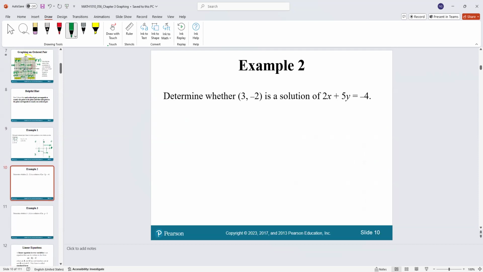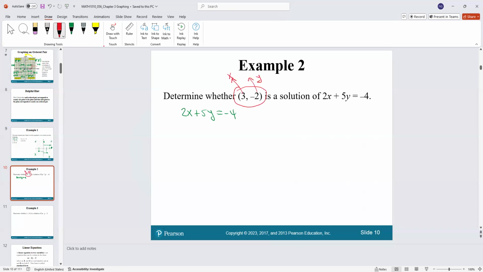They said determine whether (3, -2) is a solution to the equation. The first thing to do is rewrite the equation they give you: 2x plus 5y equals negative 4. From the ordered pair they give you, make sure you identify the first coordinate as x and the second coordinate as y.